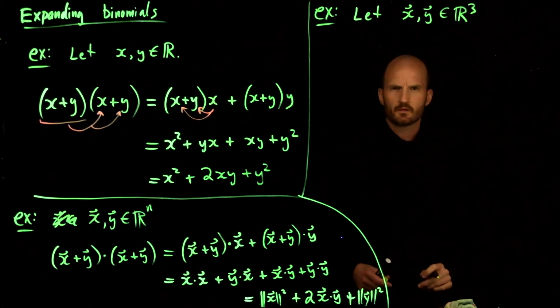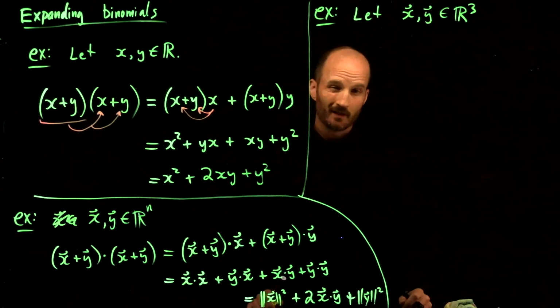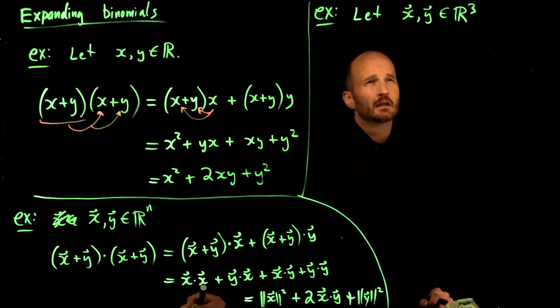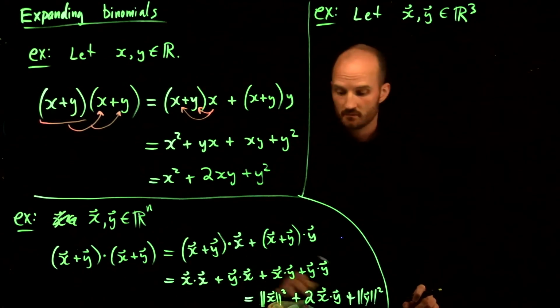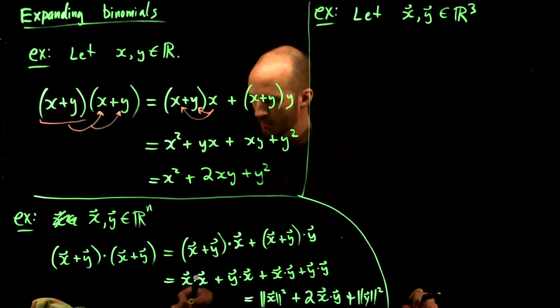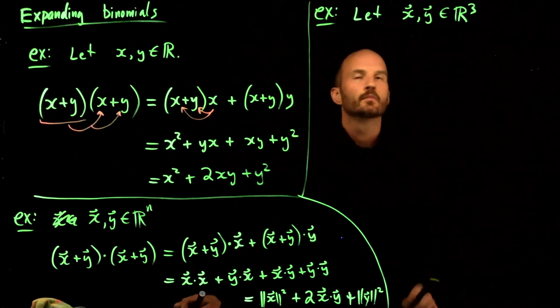Now if we have x and y in R3, you'll recall that cross product is defined in R3. I think there's some version of it that's defined in R7, oddly enough, but in between there's nothing resembling a cross product as we know it. Let's do this expansion.